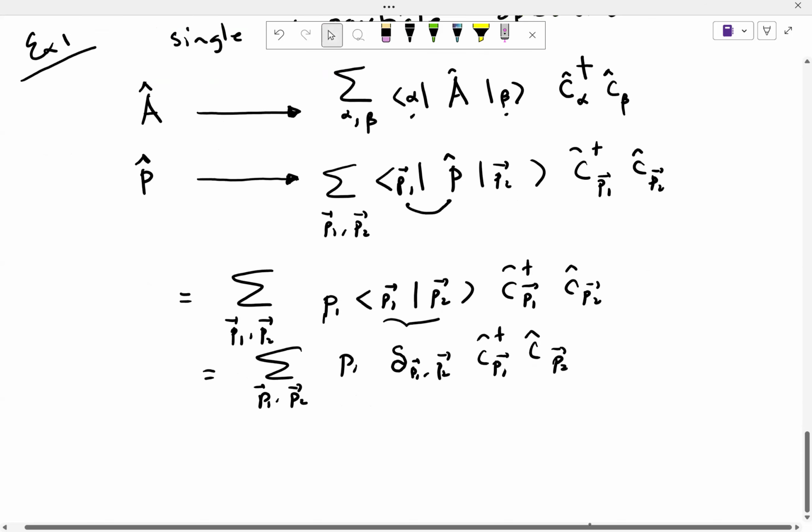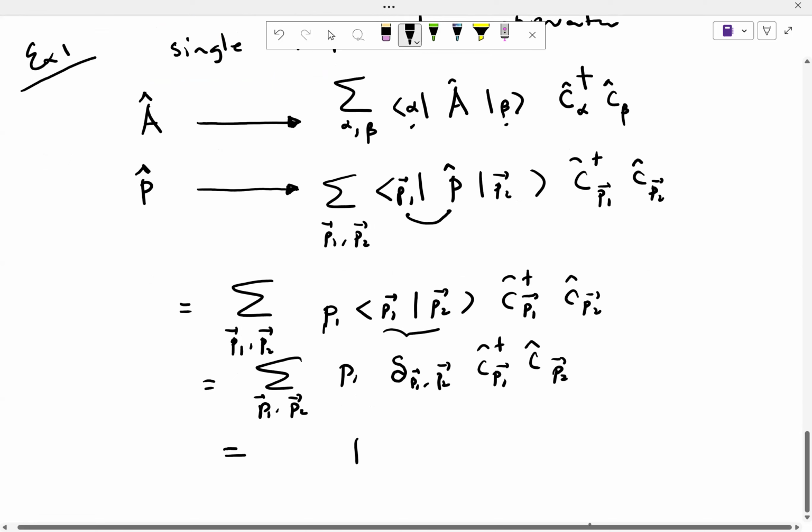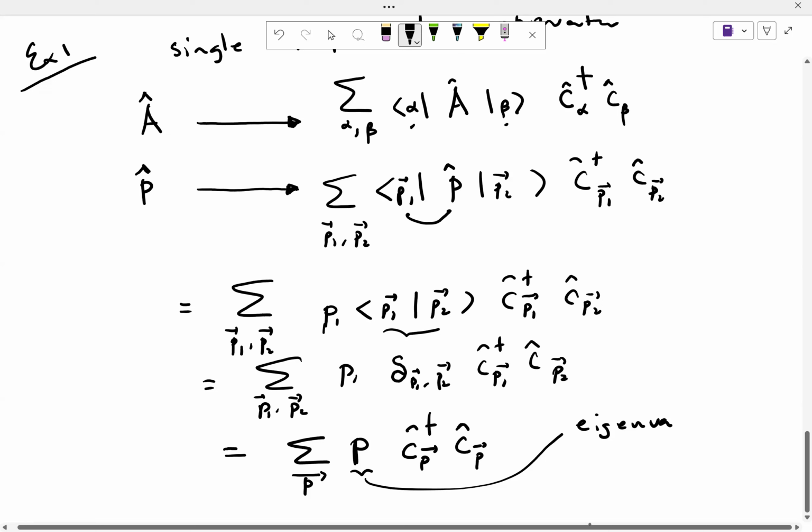Finally, I can just get rid of the subscripts P1 and P2 and write the sum over all P's of P times CP dagger CP. This P is the momentum eigenvalue, and CP dagger CP is a number operator, which tells you how many particles exist with momentum P.